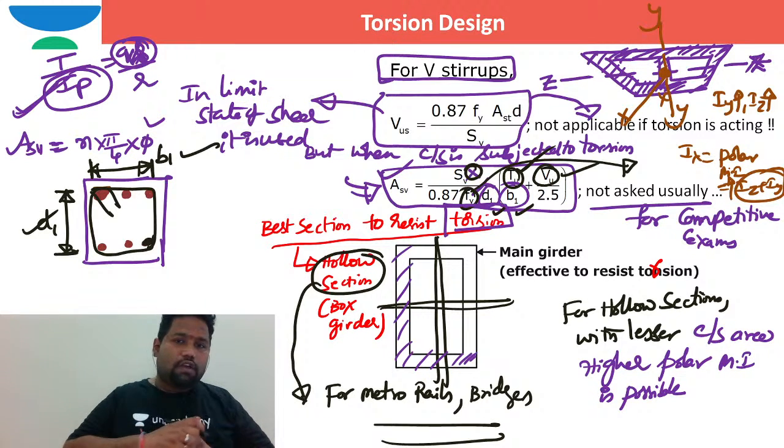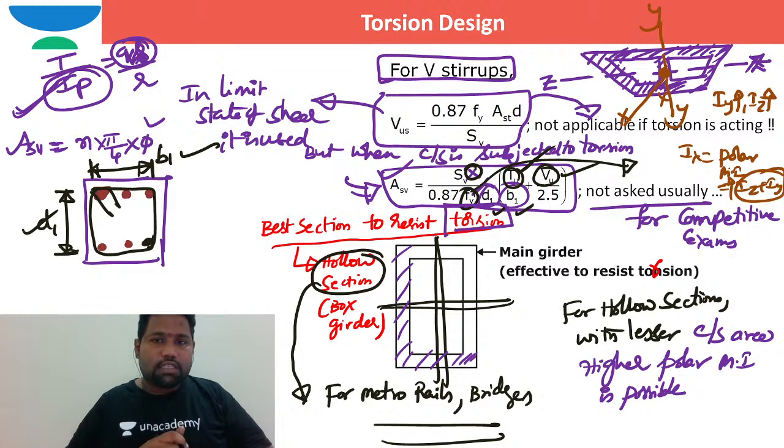So that's the reason the best section to resist torsion is the hollow section, right?